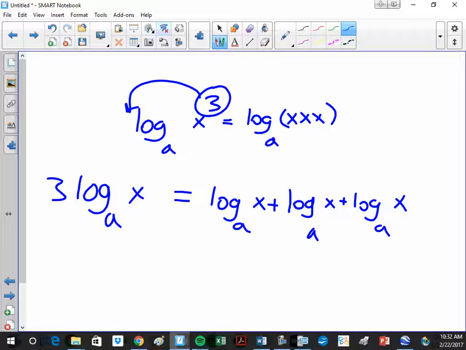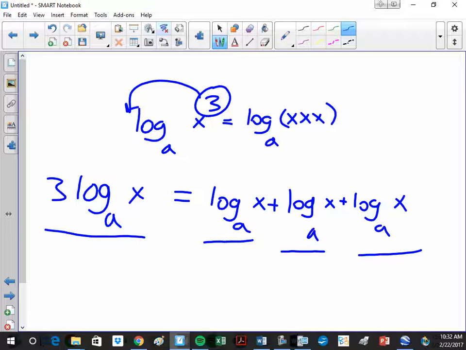Are those 2 things equal? Is 3 copies of log base a of x the same thing as log base a of x, log base a of x, and log base a of x? Yes.